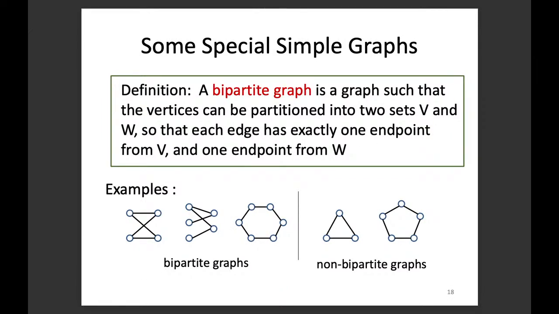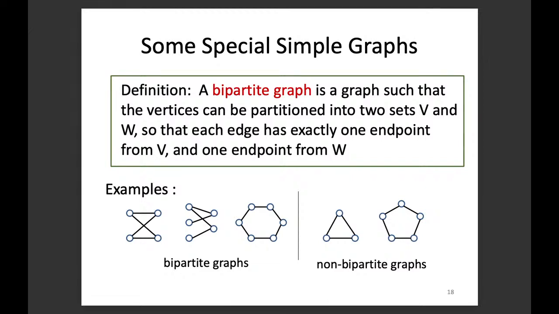Okay, finally, this special graph that I want to talk about is called the bipartite graph. If we decompose this English word to see the meaning, bi means two, partite means part. It means that the graph has two parts.